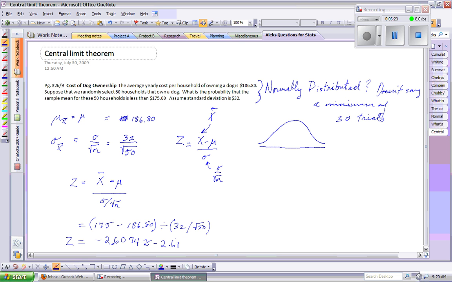We'll look up positive 2.61, which is 0.4955.